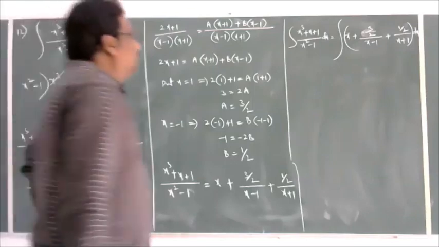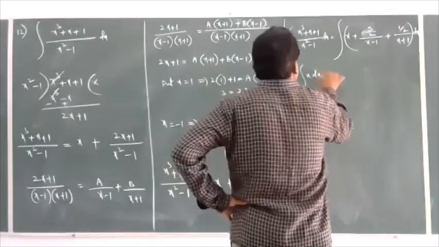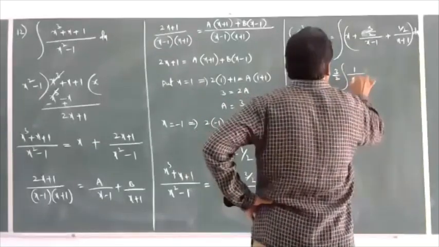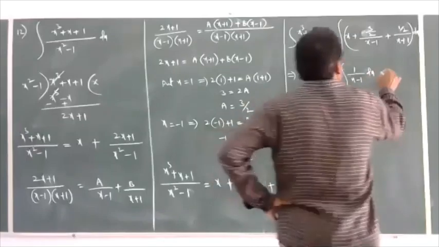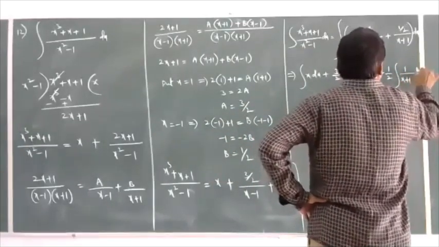Split into three integrals here. That implies integral x dx plus 3 by 2, constant, 3 by 2 into integral 1 by (x minus 1) dx plus 1 by 2 into integral 1 by (x plus 1) dx.